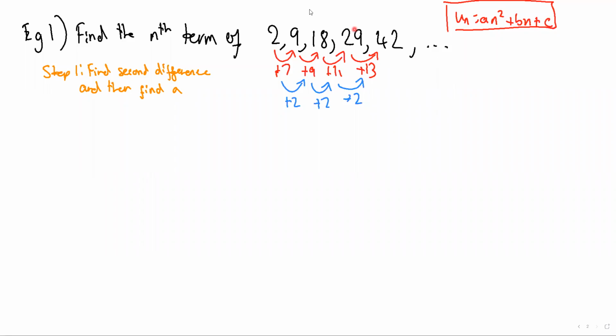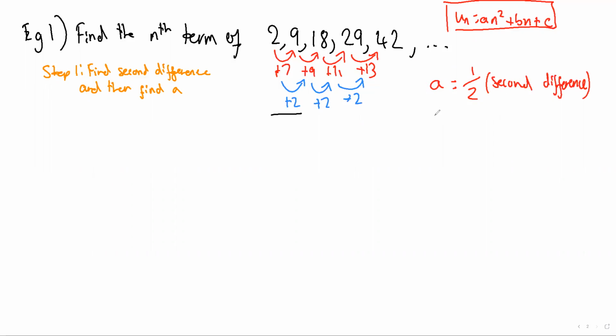And the way we find A is by saying that A is equal to half the second difference. Not the common difference, sorry, the second difference, because it doesn't have a common difference. We can tell that the second difference is 2.